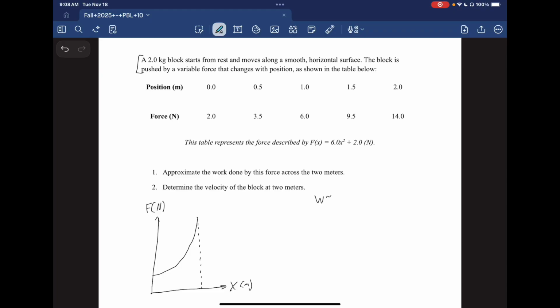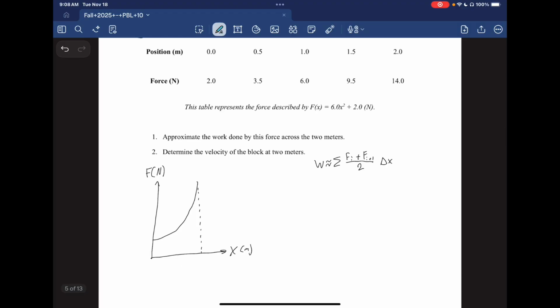We can use the equation that work is roughly equal to the sum of (F_i plus F_i+1) divided by 2 times the change in x. Let's say this is our first change in x, which is 0.5, and we have a force here and a force here.